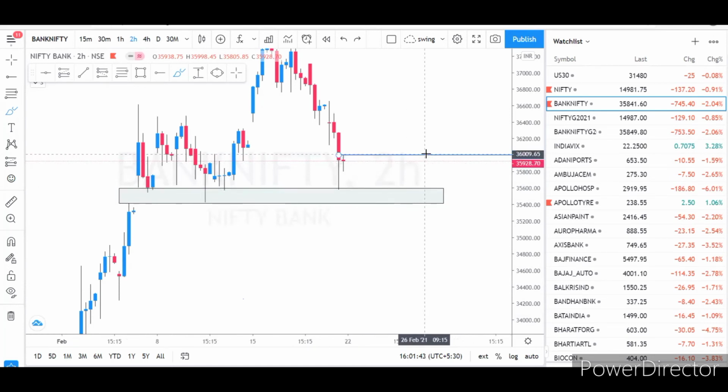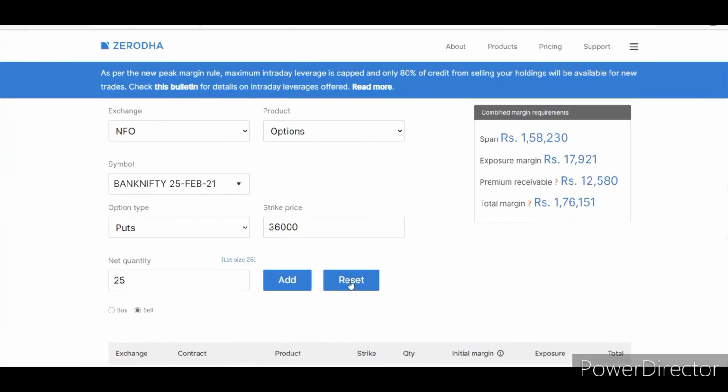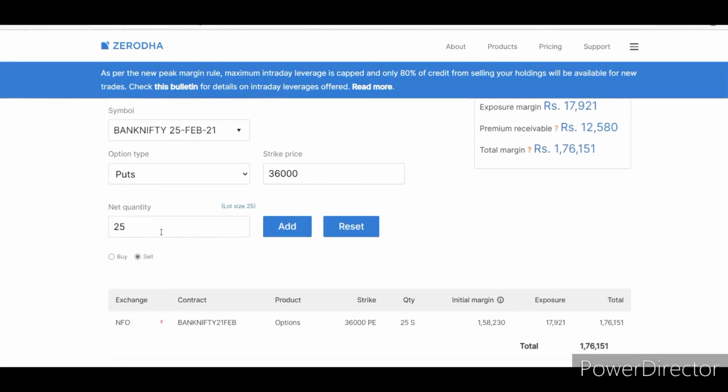Now we are going to buy the next strike price, which will be 35,900. Why buying it? To save us from any big loss. We are going to buy the 35,900 put option because we are hedging ourselves, protecting ourselves if the market falls heavily.